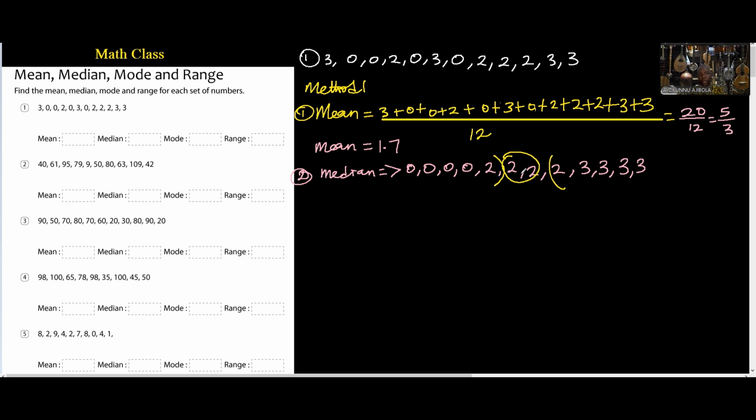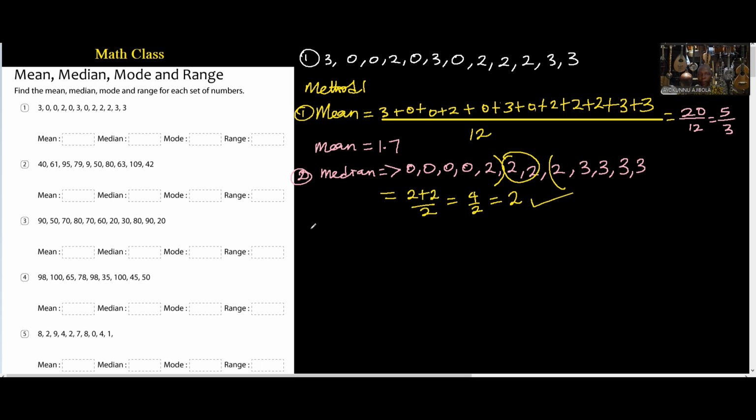But because there are two entries at the middle, the median will be the addition of those two numbers divided by 2. And that is going to be 4 over 2, which is 2. So that is the median for that one.